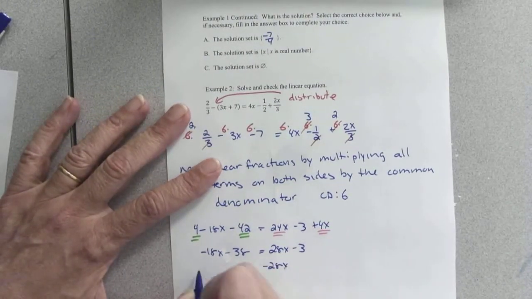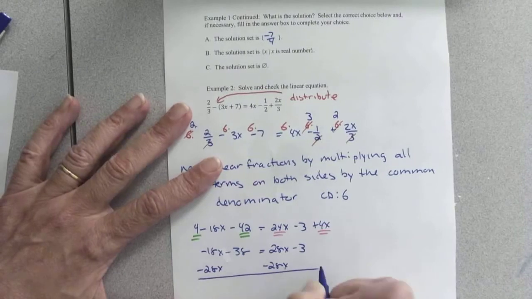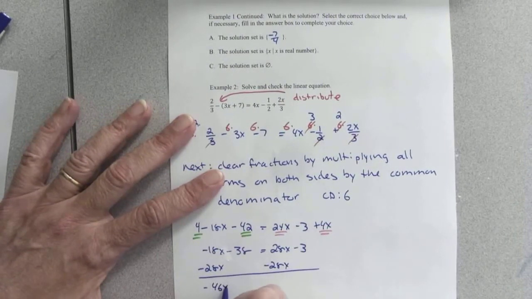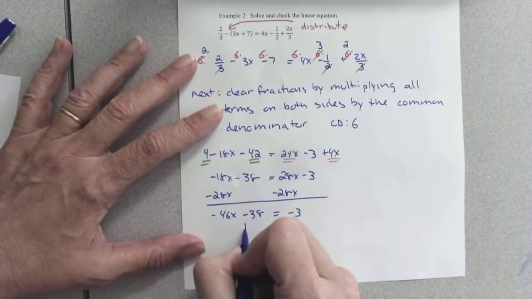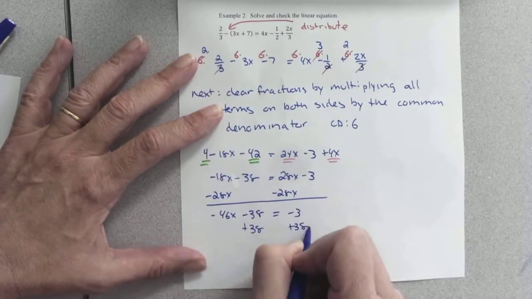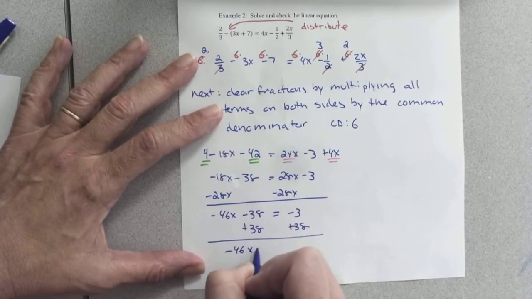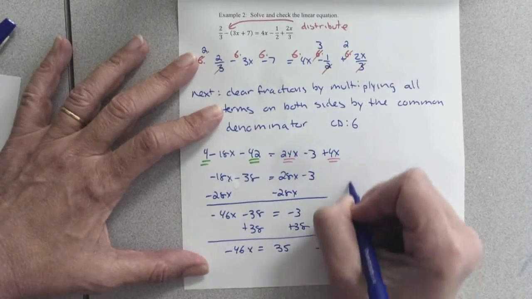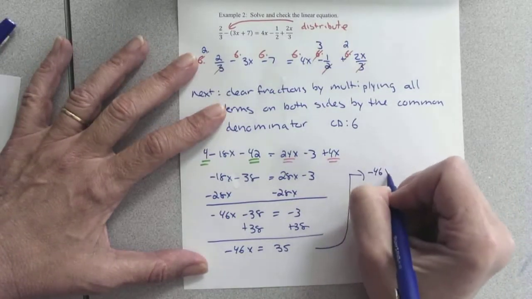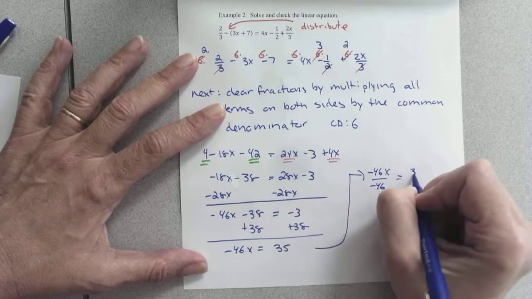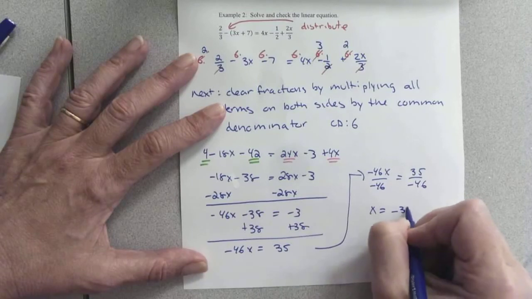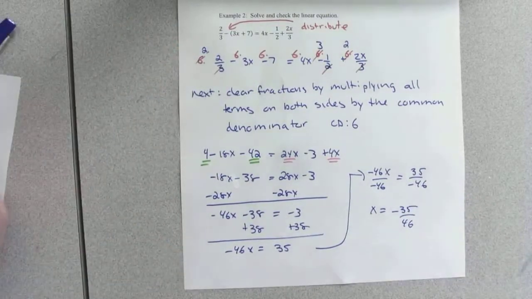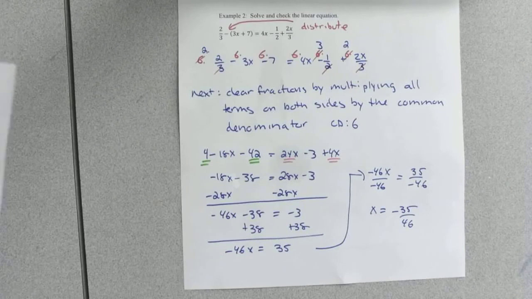Get those x's together and solve: negative 46x minus 38 equals negative 3. And then add 38 to both sides. Negative 46x equals 35. And then divide by that negative 46. And I get x equals negative 35/46. And that doesn't simplify, and that's the answer I want.